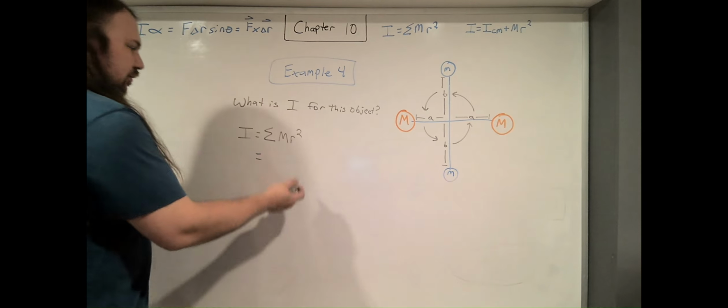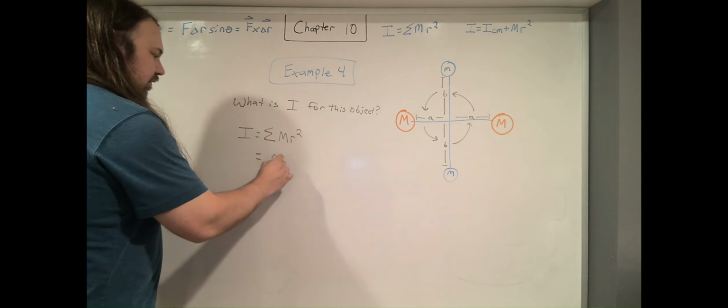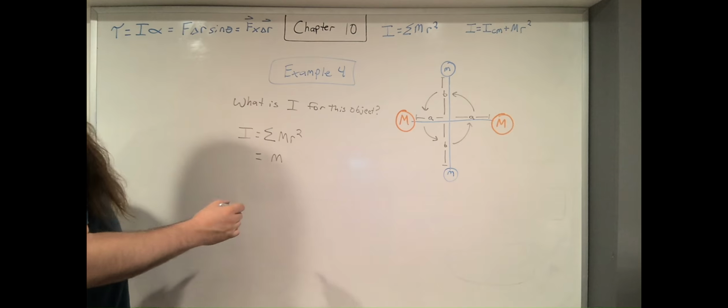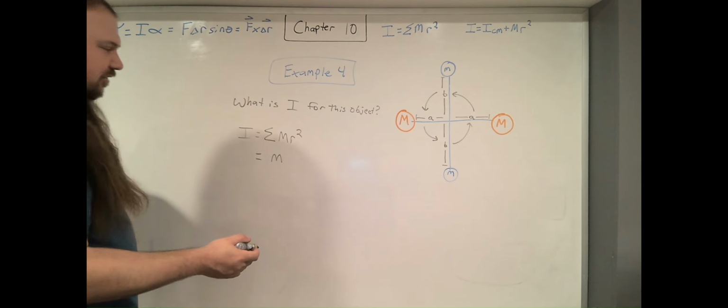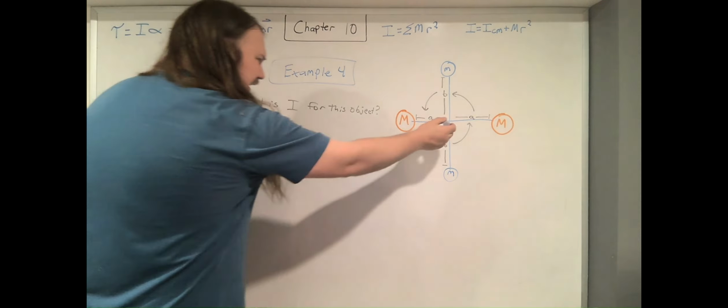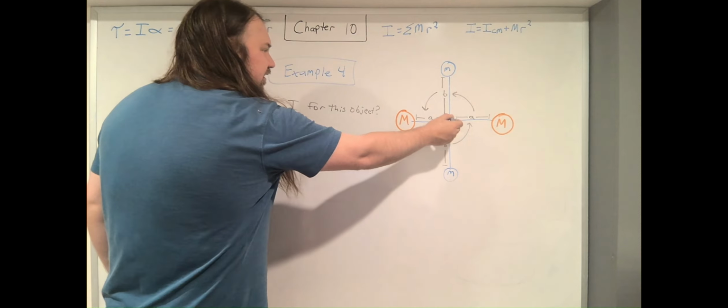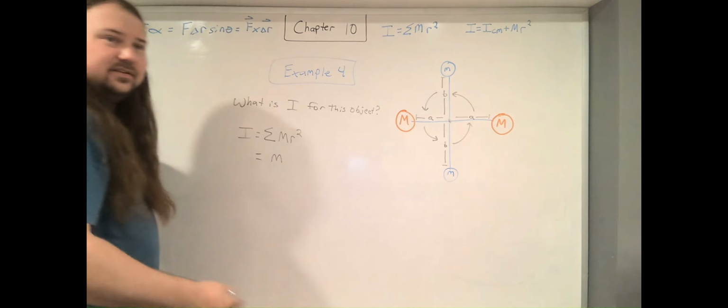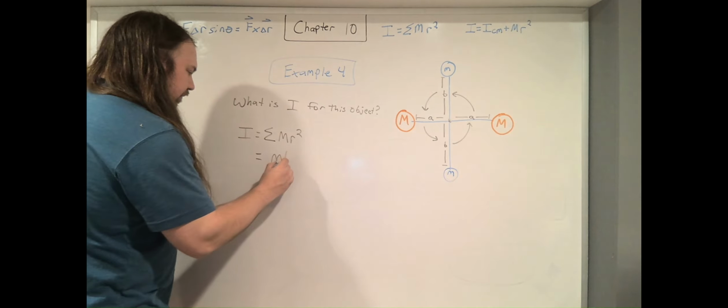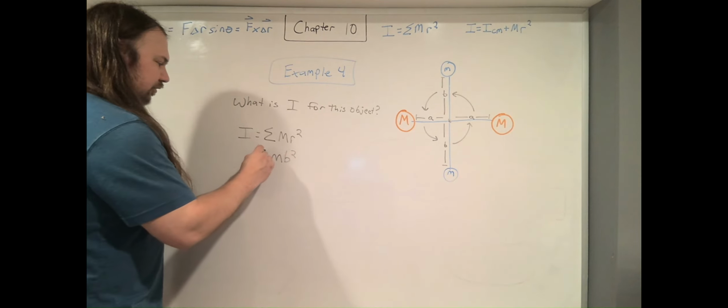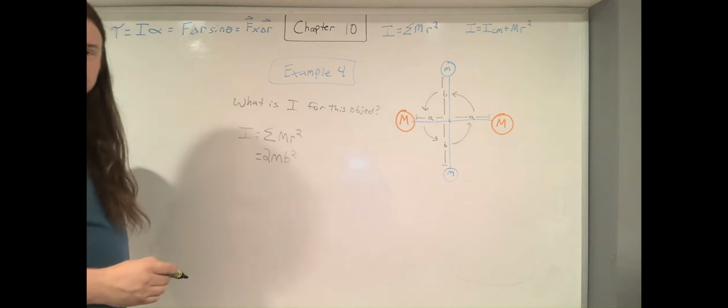Now, in that case, we're going to have little m again. And how far away is that axis of rotation? Well, now the axis of rotation is in the center, and little m is a radius b away. And there's 2 of them, so I'm just going to put a 2 in front.